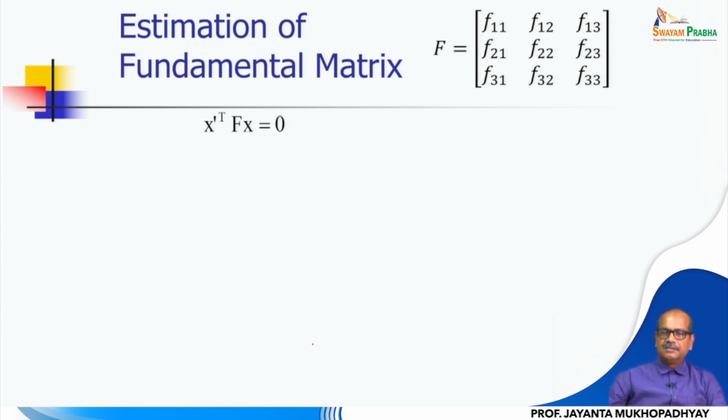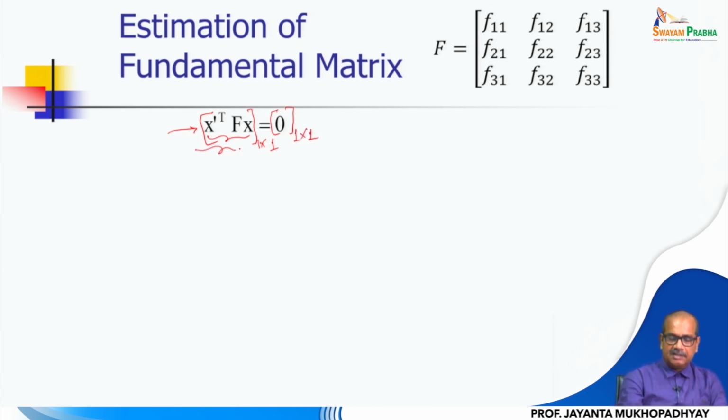Each corresponding pair will give you one equation, only one. I have already mentioned in my previous lecture how you can check this: if you check the matrix dimensions of this multiplication, the composite multiplication finally reduces to 1 cross 1, which means this 0 is also only a scalar.